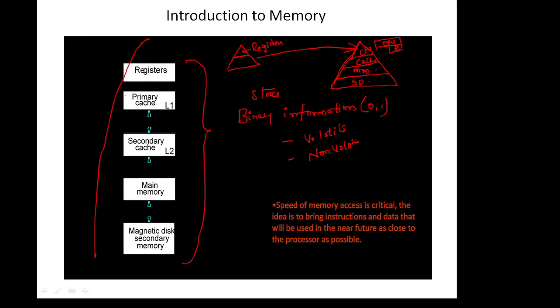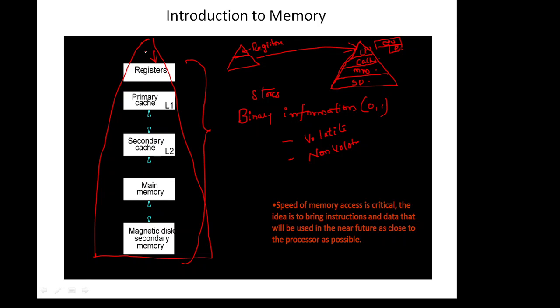In this hierarchy, we have registers on the top, in the sense of the CPU, and some amount of space in the CPU is allocated for registers. What is the purpose of registers? Registers are used for storing information. But when we store information, registers can't handle much.